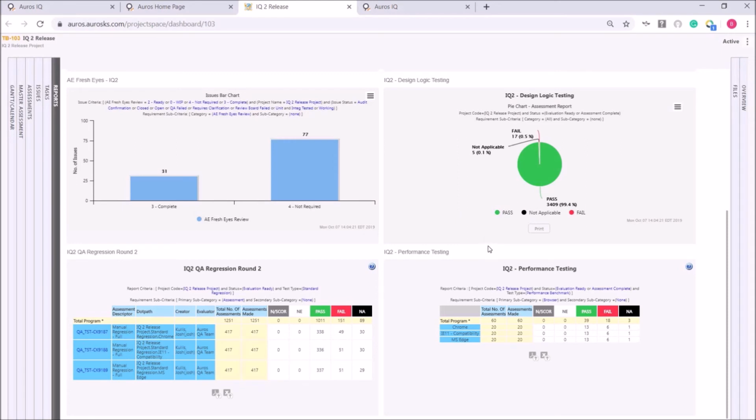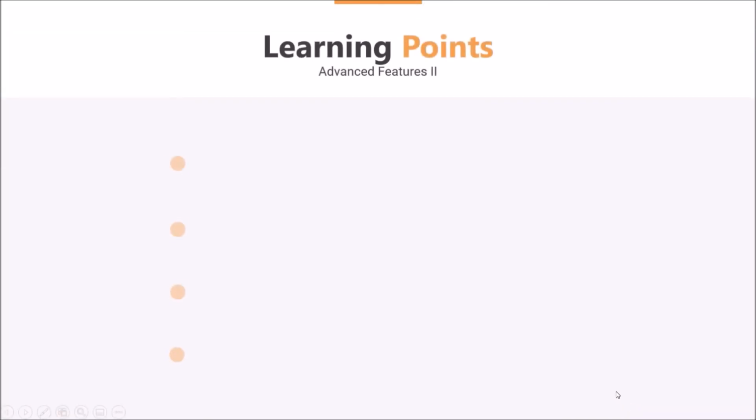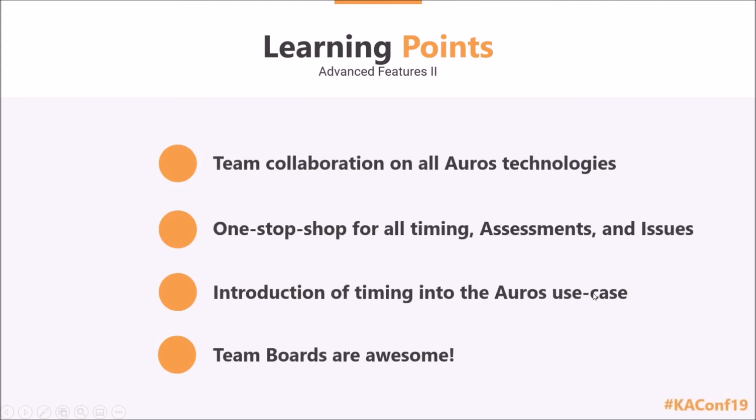I think we should now revisit our learning points to see if we've covered everything. So here we are at the learning points. So again, we were focusing on team boards, and the team board is made up of walls that represent visualizations of Auros technologies, the assessments wall, the issues wall, the tasks wall, and allows team collaboration around those.